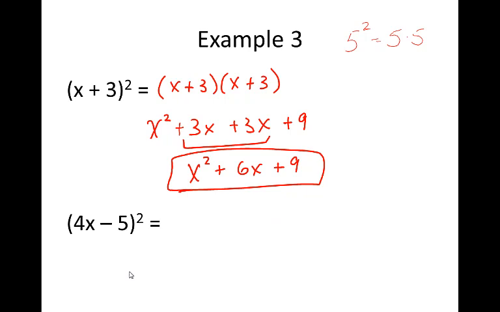So with that said, try this next one, 4x minus 5 quantity squared. So again, we're going to do 4x minus 5 times 4x minus 5, and then just multiply it out. 4x times 4x, 16x squared.